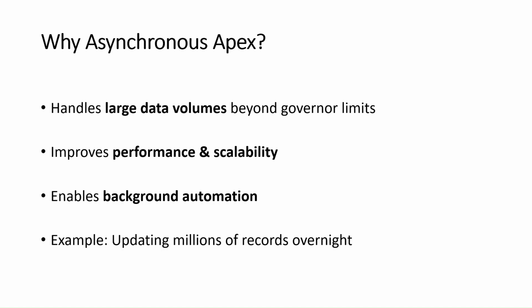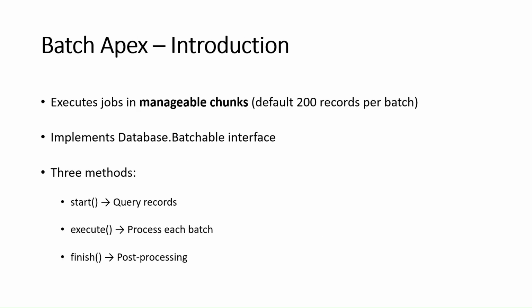It avoids the governor limits, and it improves the user experience by freeing up the UI and reducing timeouts. One example of asynchronous Apex is updating millions of records overnight. These are a few use cases of asynchronous Apex. Batch Apex and scheduled Apex are part of asynchronous Apex.